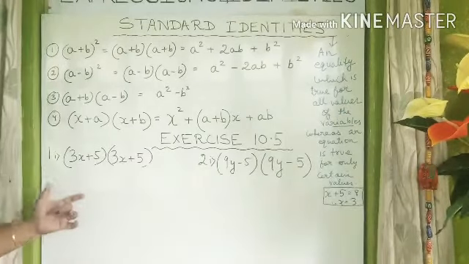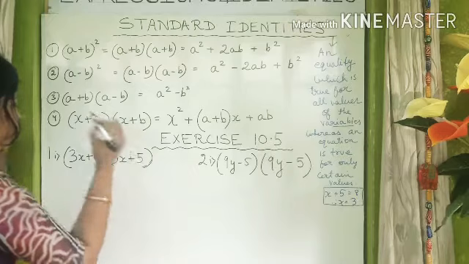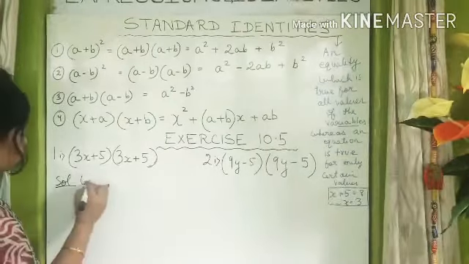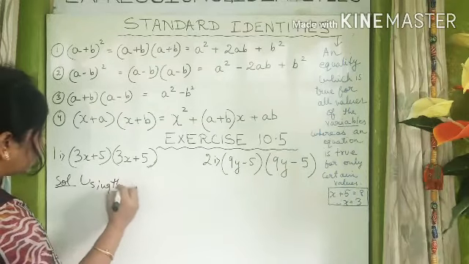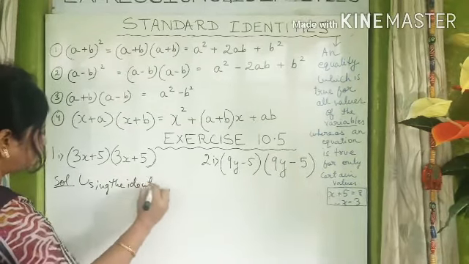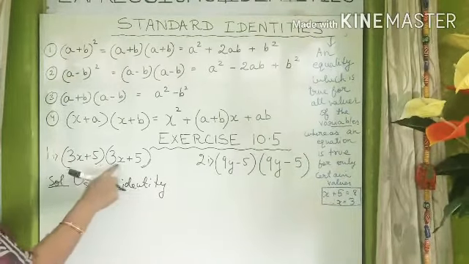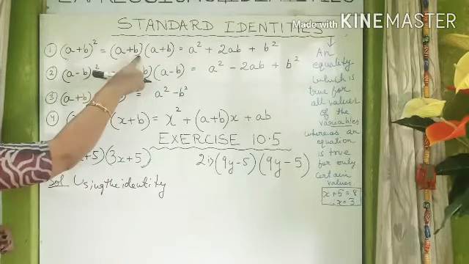Now as you come to the question here, (3x + 5) into (3x + 5), I come to the solution, children. So using the identity, which identity am I using here? You can see (a + b)(a + b). See the first identity.